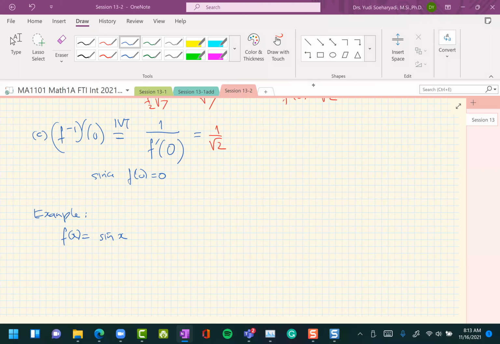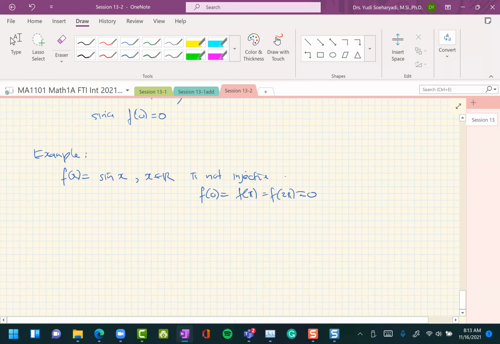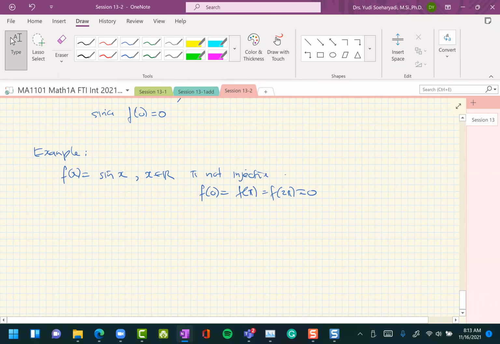Because f of 0 is equal to f of pi equals f of 2 pi equals 0. So many things become 0, so it's not injective, not one-to-one. So the thing is, if it's not one-to-one, that's usually easy because you can restrict the domain so that it becomes one-to-one.